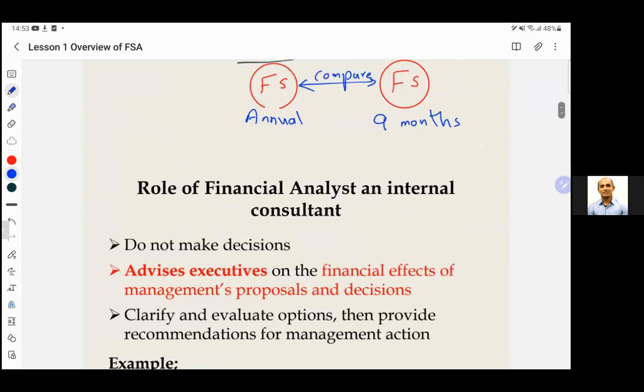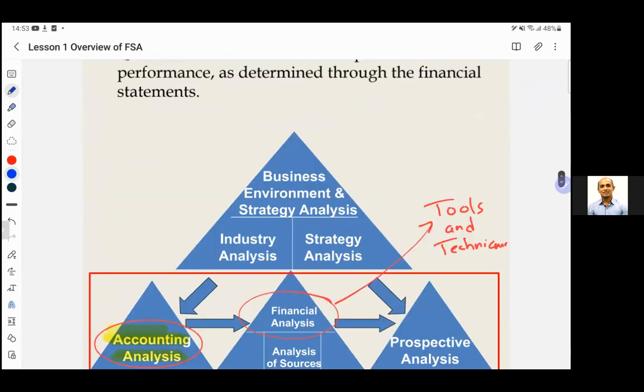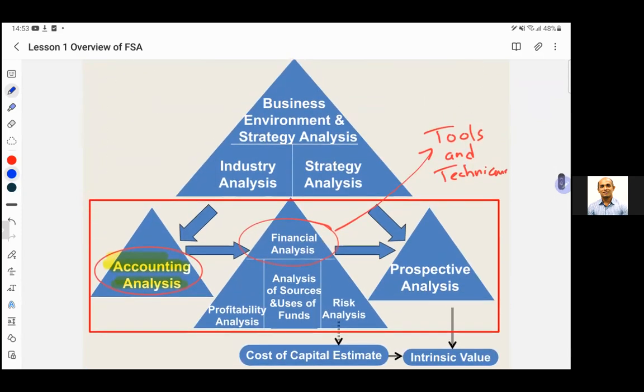That's why, if you see the diagram, before starting the financial analysis you have accounting analysis. Accounting analysis is first, then you can move on to the financial analysis.